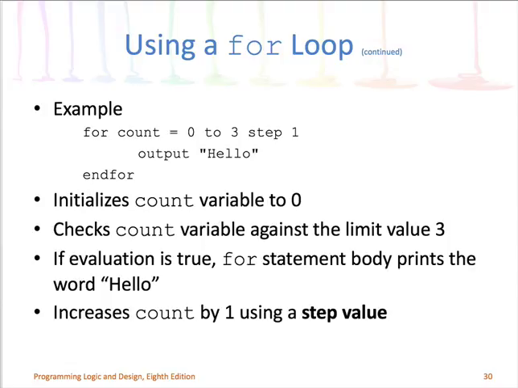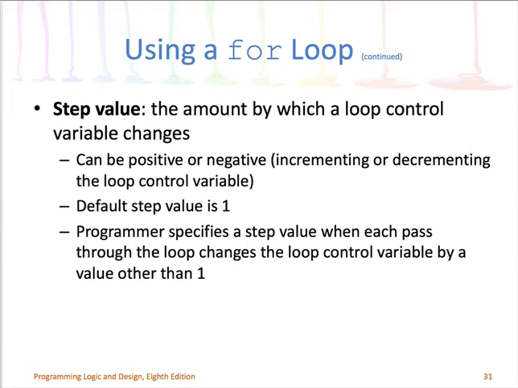So basically, they're talking through the same thing that I talked through. The important thing to realize, though, is when you hit the end for, you increment the variable by the step, and then you retest the condition. So both of those things happen when you hit the end of a for loop. You can increment positive or negative.